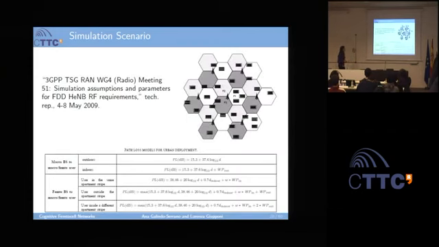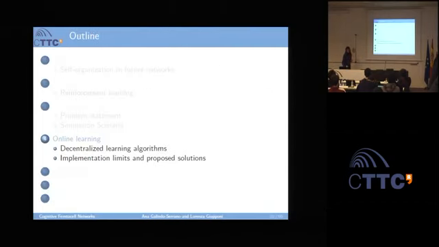And finally, we go back to this slide in order to show you the path loss models we use to characterize the channel, and those are in the 3GPP technical report. We also include fading. Okay, so now we can continue with the learning process.